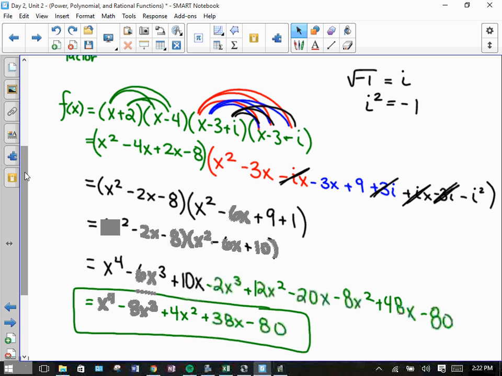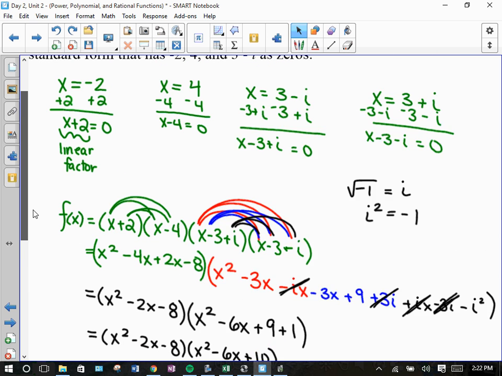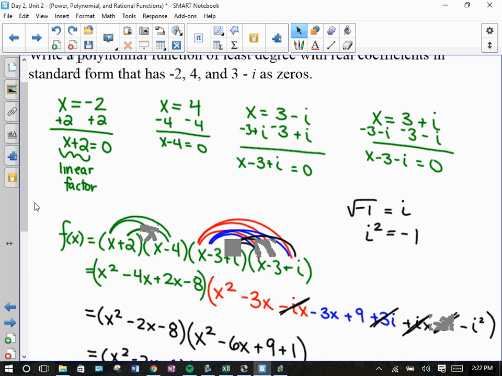And after all that, what that tells me is that this polynomial right here has the zeros negative 2, positive 4, 3 minus i, and 3 plus i.